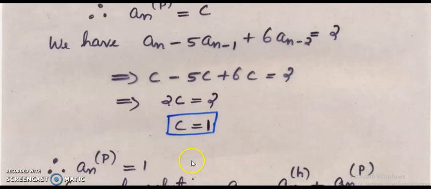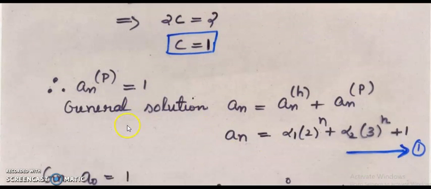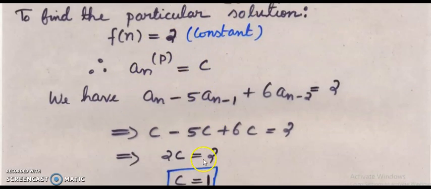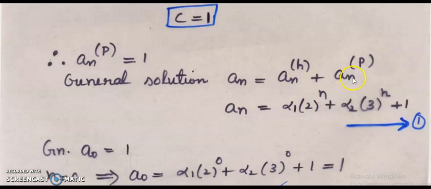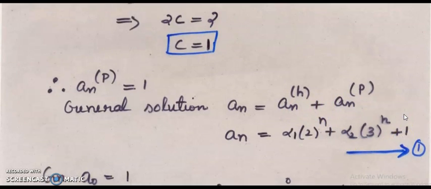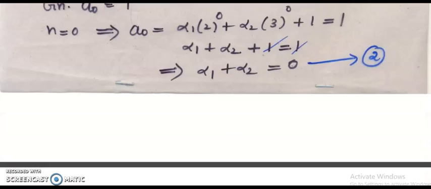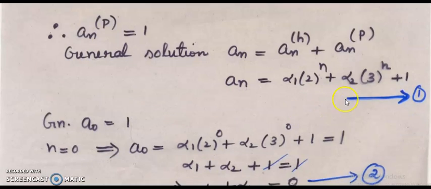From this you can find c. After finding c, you get the particular solution. Then you can add the homogeneous and particular solutions, so adding, you get equation 1.